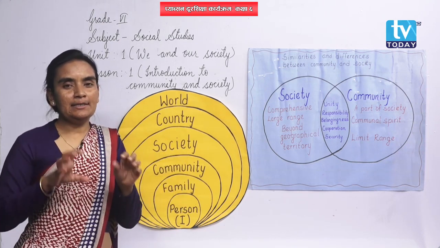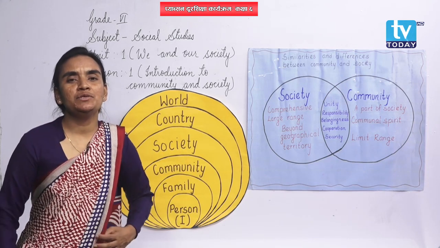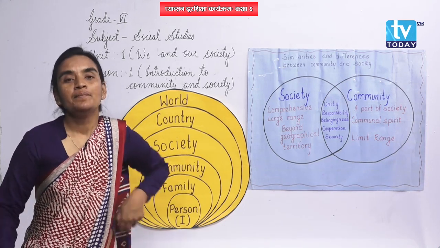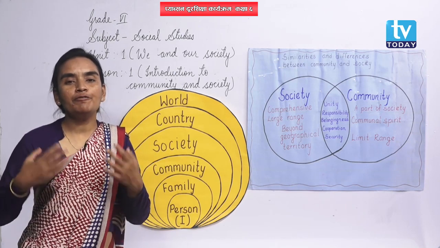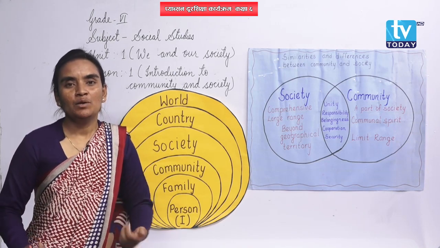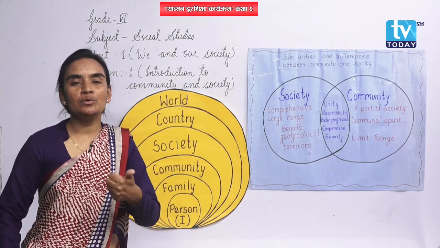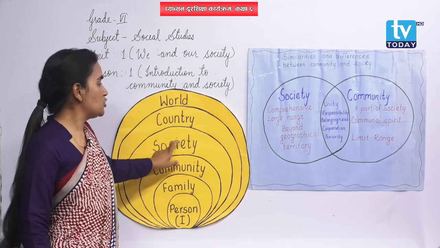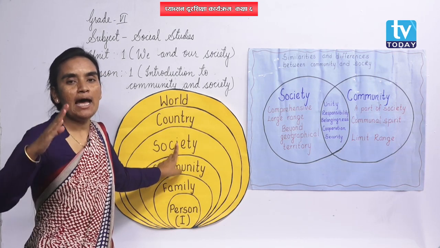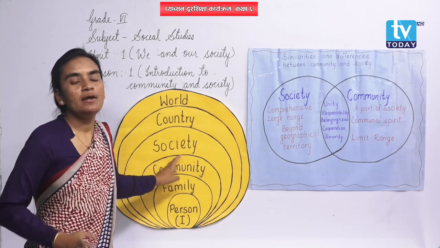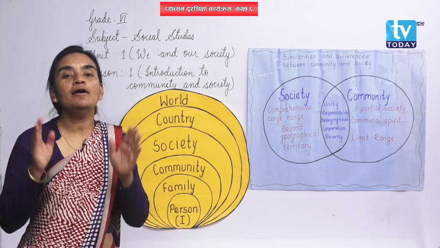Society is a broader unit of our nations or of the world. The world is a single unit including different countries, but society is one of the units where different communities are joined.